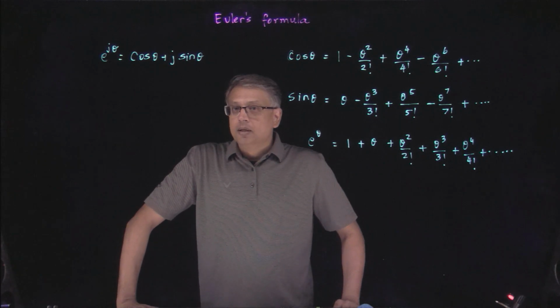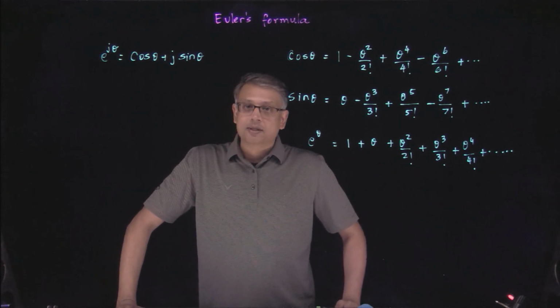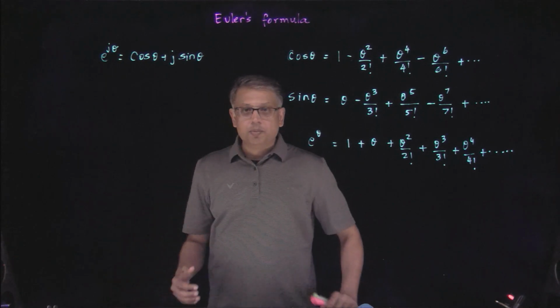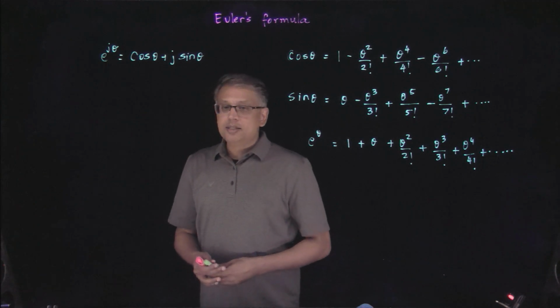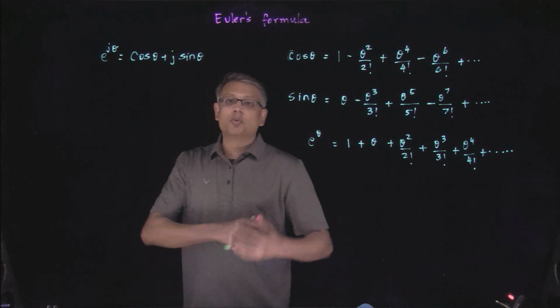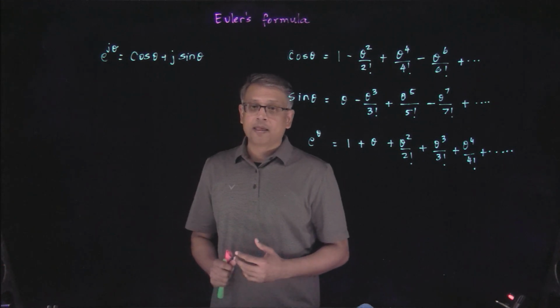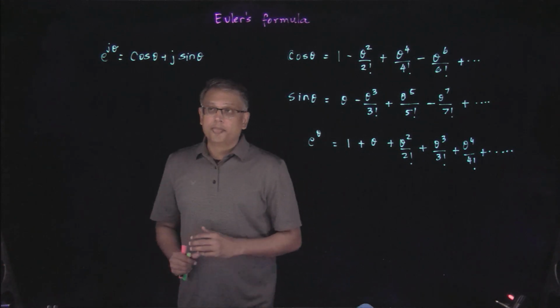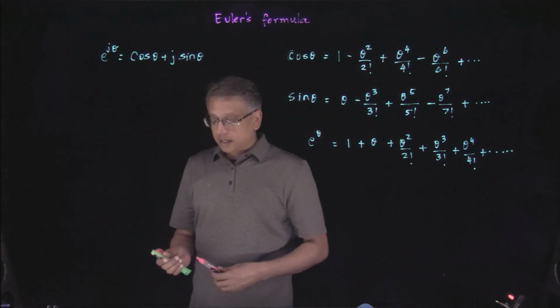Because what does it mean to raise e to a power which is complex? There seems to be no operational meaning to this. There doesn't seem to be a quantity that is easy to explain as saying, this is what you are doing to e when you raise e to a power j times theta. And in fact, I'll try to show the proof, and maybe some things will become clear when we do that.